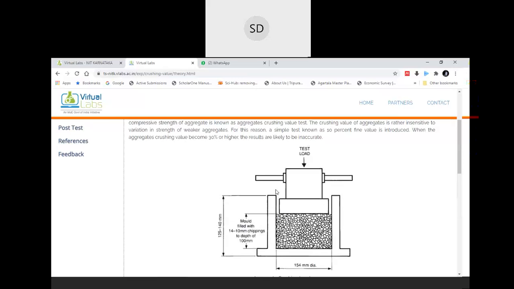Whenever load is applied over your pavement, that load will be gradually dispersed to the layers below. So the road aggregate should be strong enough to withstand all the vehicle load. Therefore, you need to check the crushing value of the aggregate.